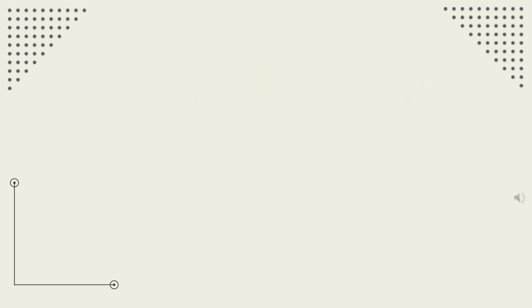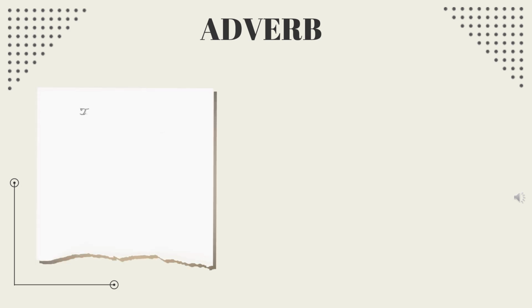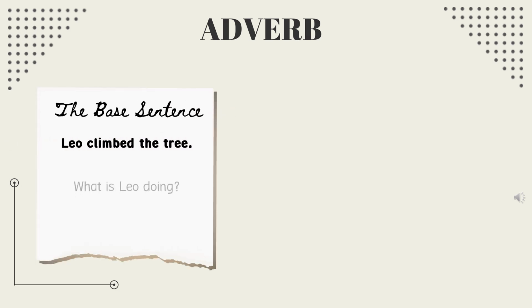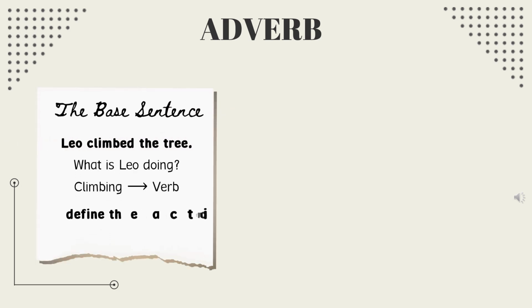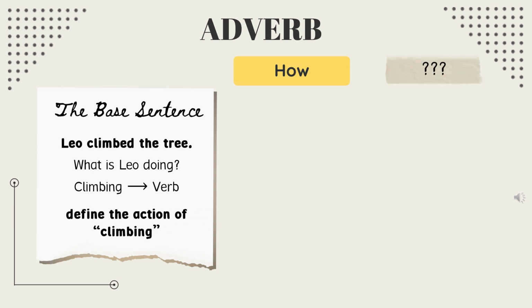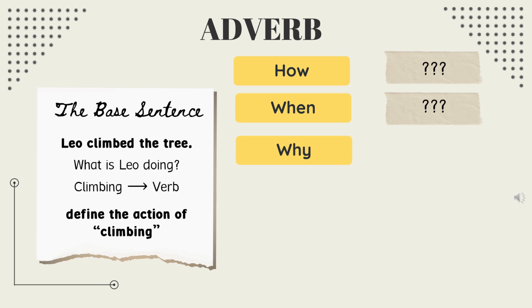Let's take our sentence: Leo climbed the tree. I want you to think like a detective. How can we describe this action in more detail? Look at these questions about the climb. How did he climb? Think of his style or method. When did this happen? Think of the timing. Why did he climb? Think of his reason.